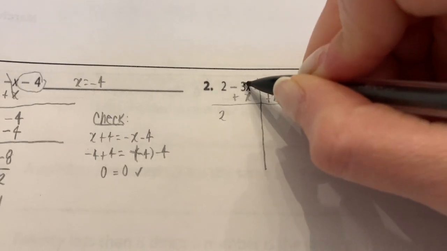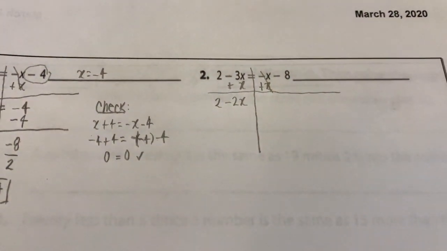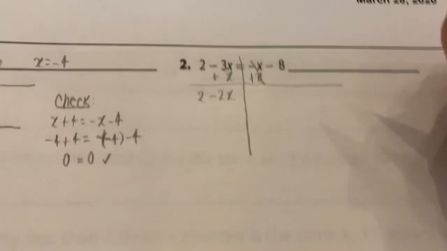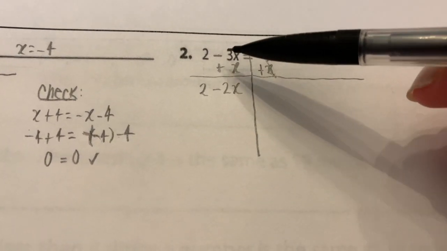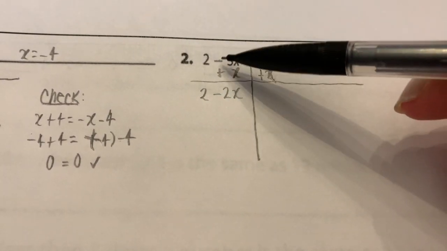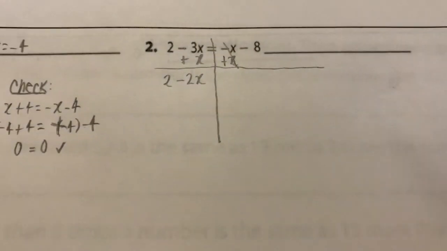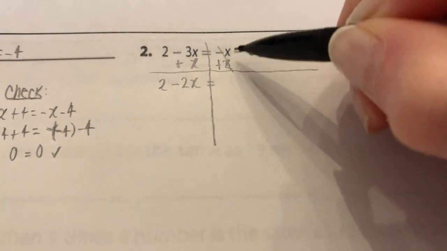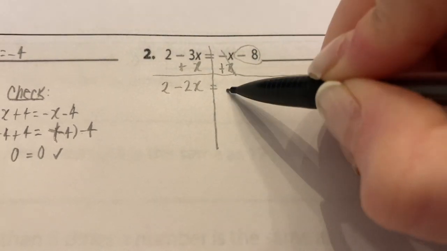And this is negative 3 plus x, which will give me negative 2x. Okay, and again, remember guys, if you struggle with your integer rules, you're now in 8th grade, you are allowed to use the calculators. So if you weren't sure, you could always plug into your calculator negative 3 plus 1. Okay, so that's equal to, the x's have canceled out, and I am left with this negative 8 to bring down.